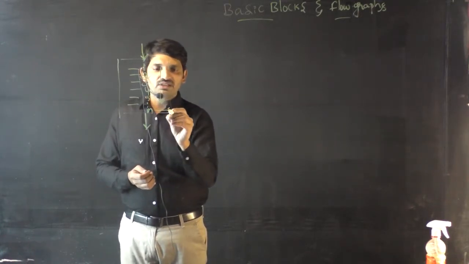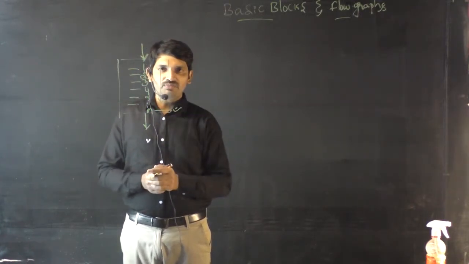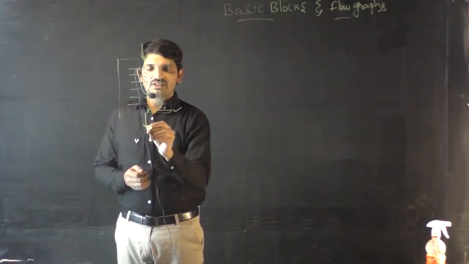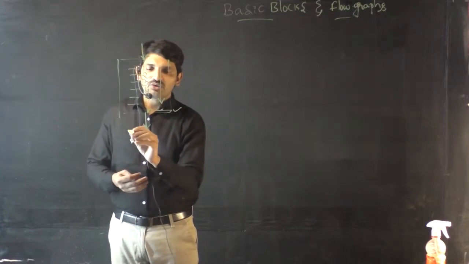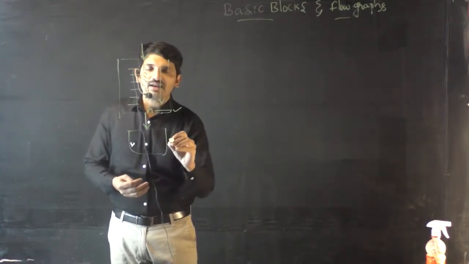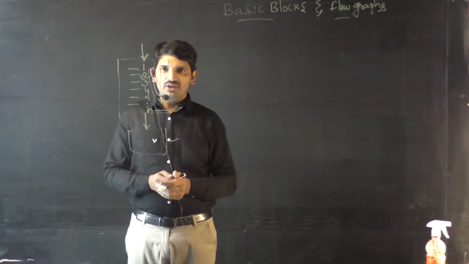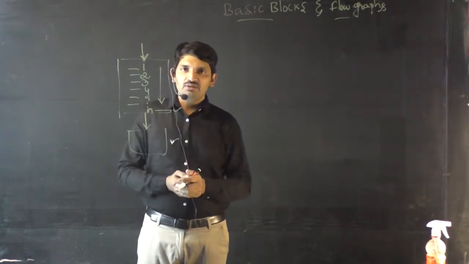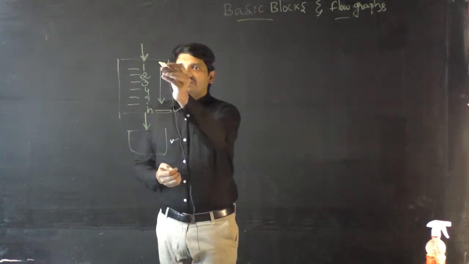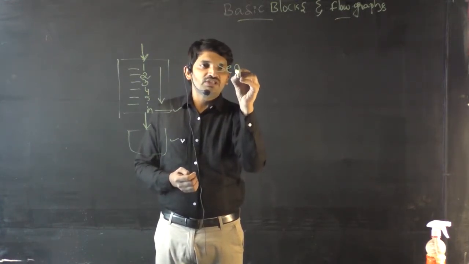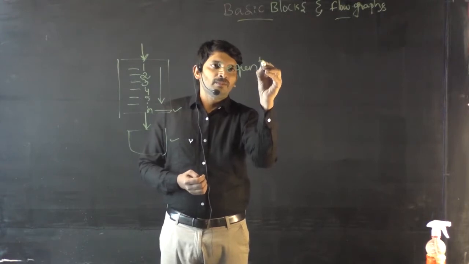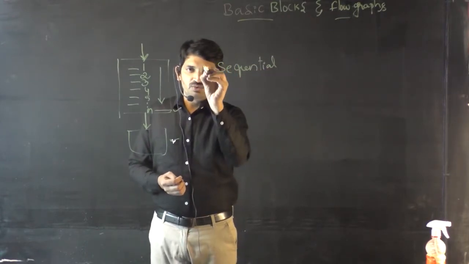If the last instruction is executed successfully, then it must exit from this block, or it may go to the next block or next instruction. So this is the basic concept of basic blocks. Here n number of instructions are executed in a sequential way. This is the first point.